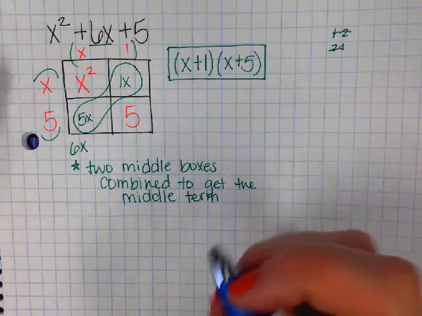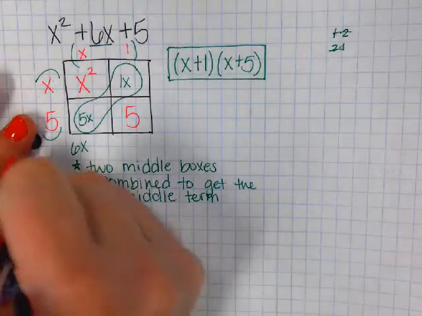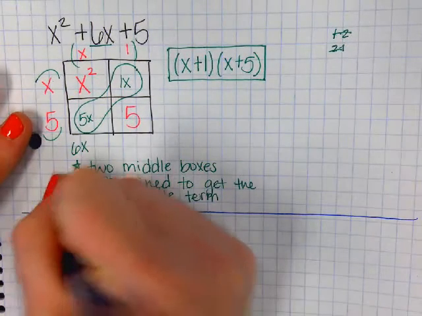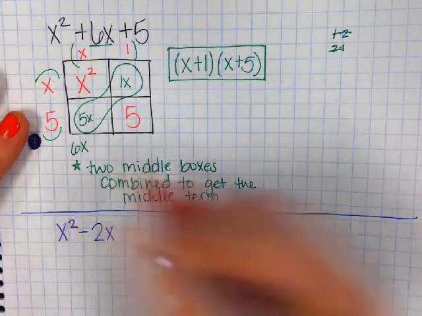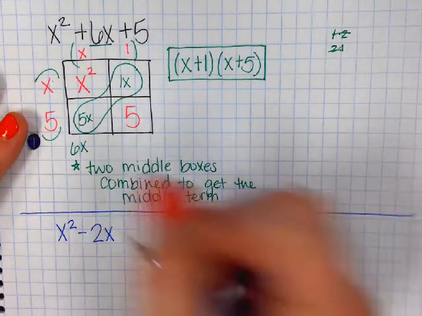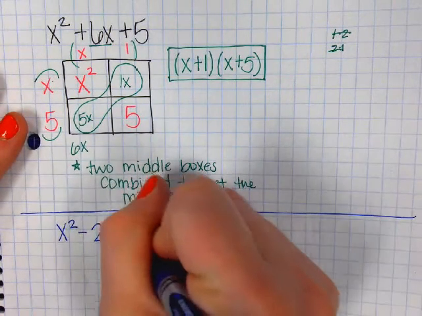Okay, so let's do another one. Let's do x squared minus 2x minus 8.